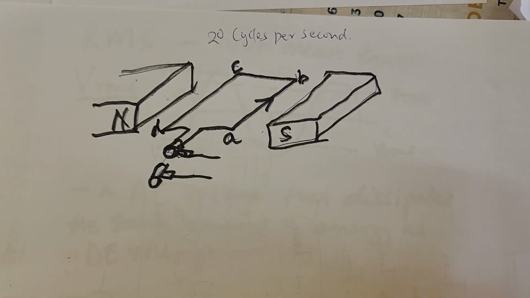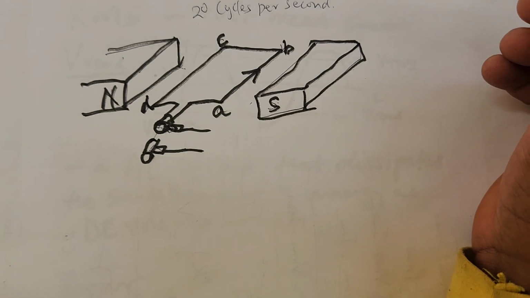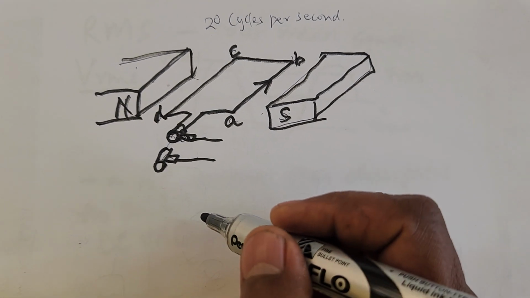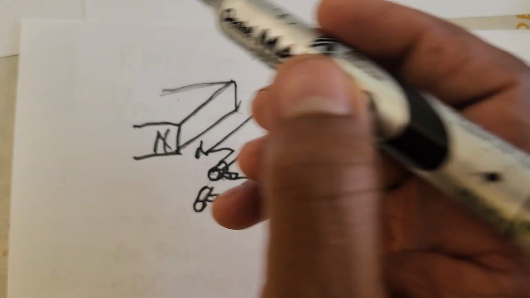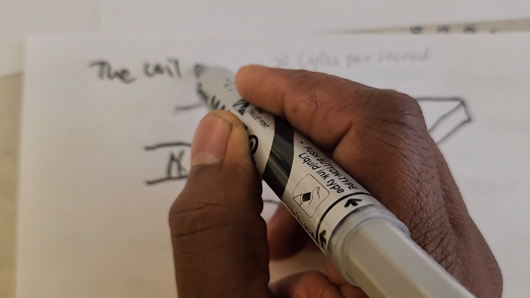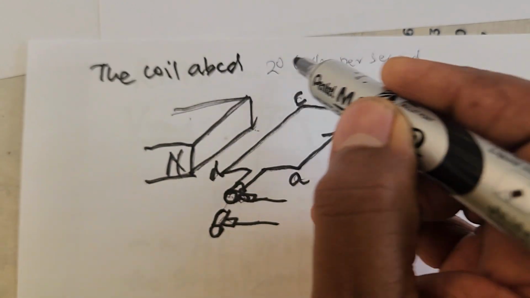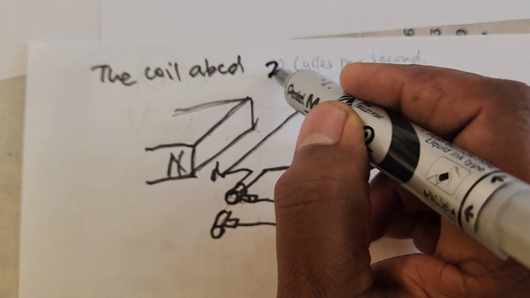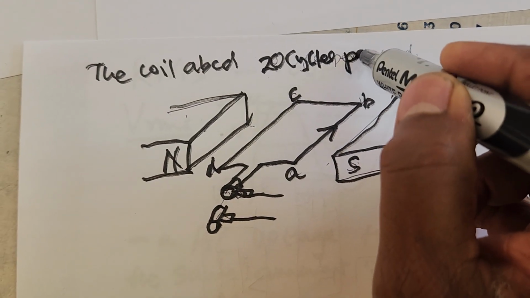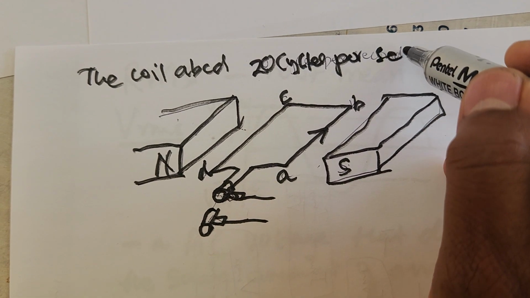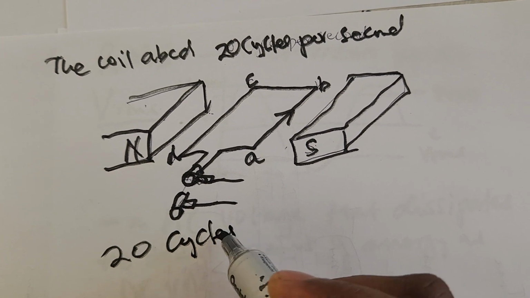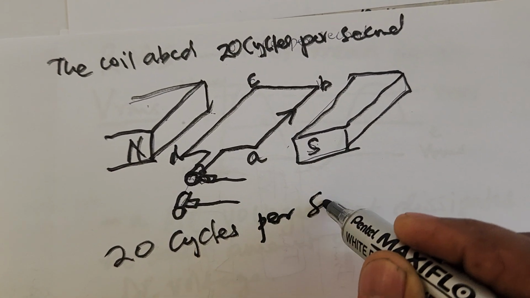Now they say this diagram represents a simplified electrical machine. Very important, they say the coil ABCD makes 20 cycles per second.